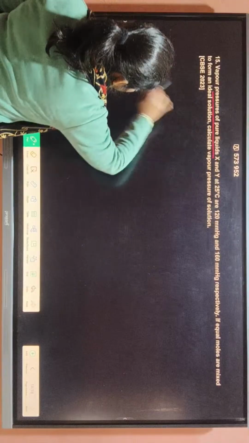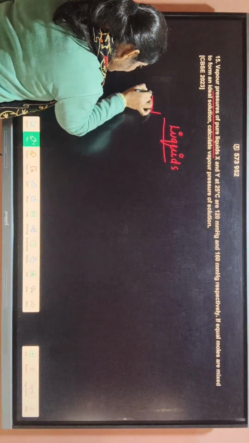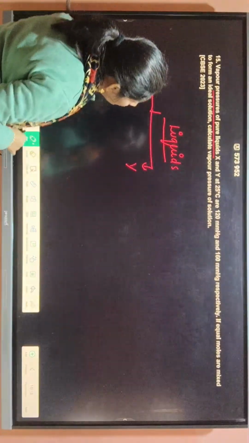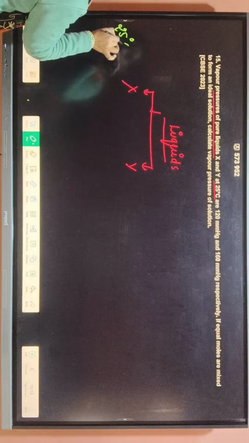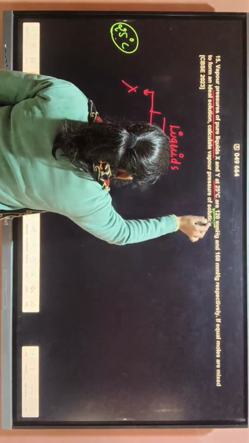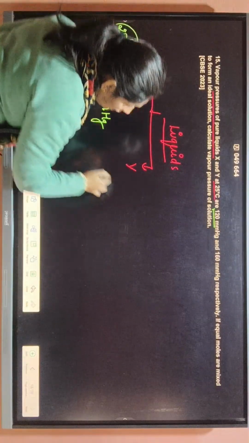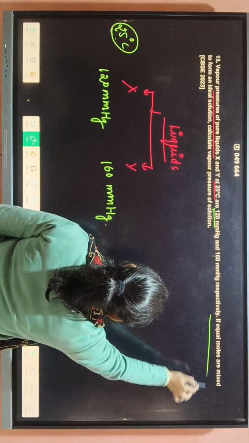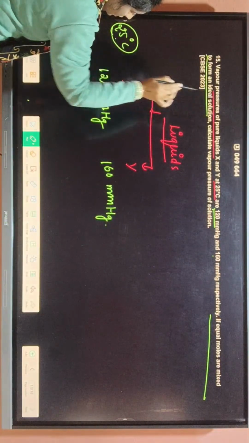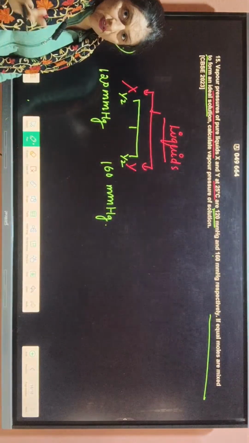Now students, our last question for today: vapor pressure of pure liquids X and Y. There are two liquids, one is X, the second is Y. At 25 degrees Celsius, their vapor pressures are given: 120 for X and 160 for Y. If equal moles are mixed, maybe the total mole is 1, so half mole of each.